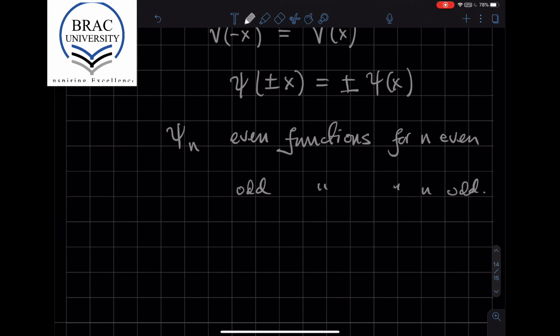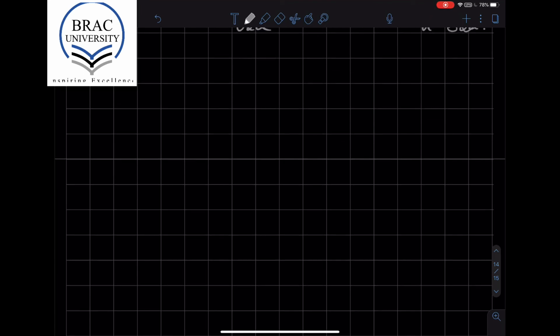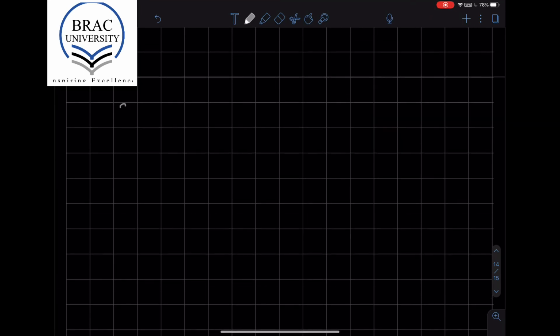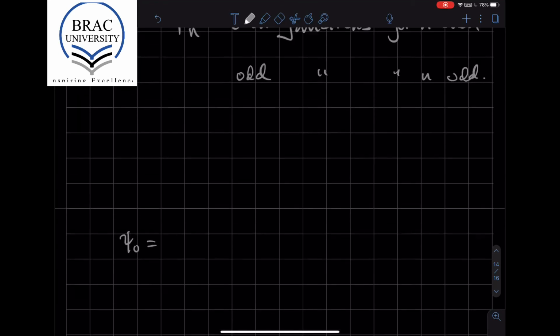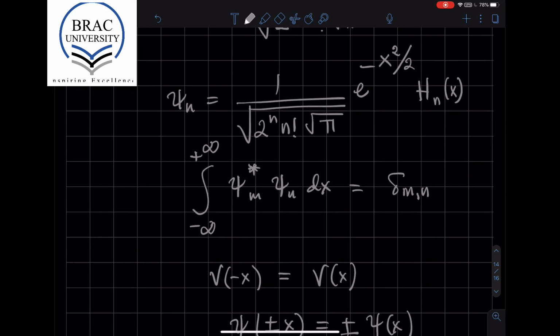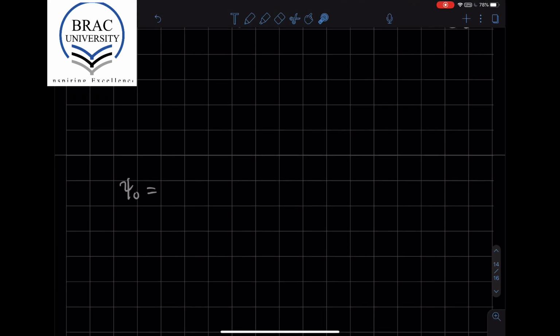So let's sketch the first few Hermite functions. So psi of 0 is going to be some constant times a Gaussian, right? So we know that in the first case, the polynomial is just a constant, so this will be just a Gaussian. So we expect this to look something like this.